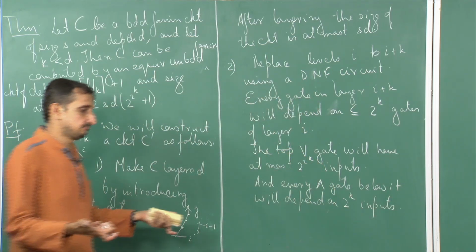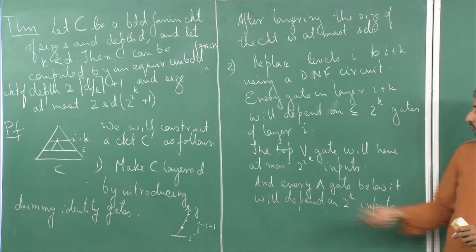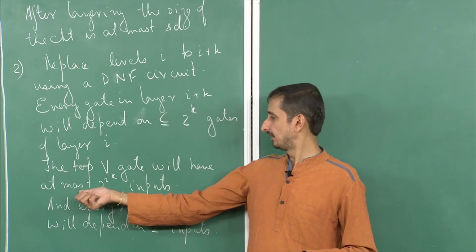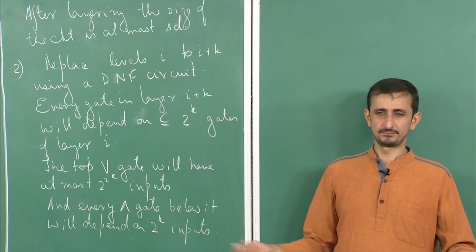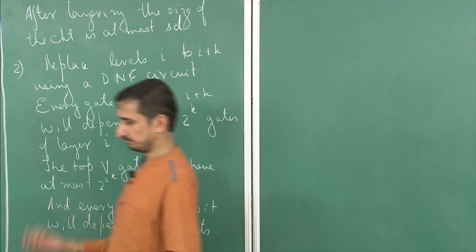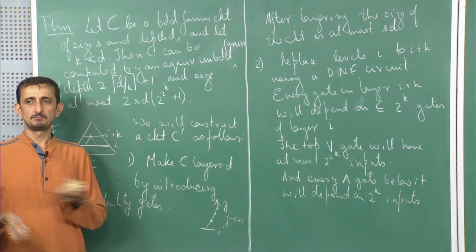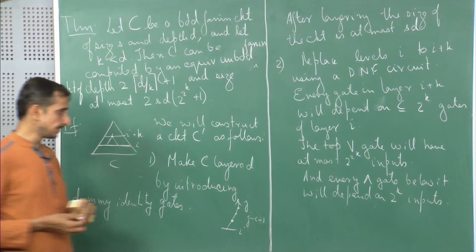So you can think of it as a truth table over 2 to the power k many variables. If I want to do a DNF of this truth table, this is the size, and at the bottom I have literals, which are either direct edges or negations of something. Is this clear?